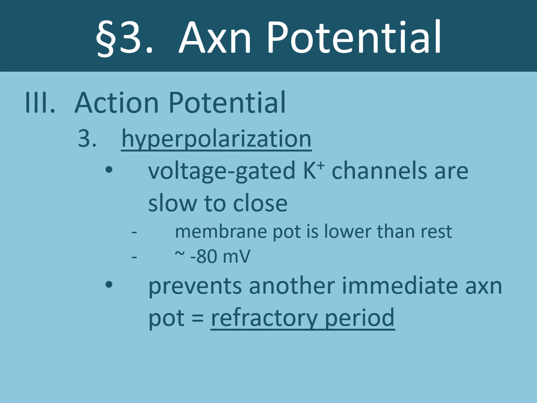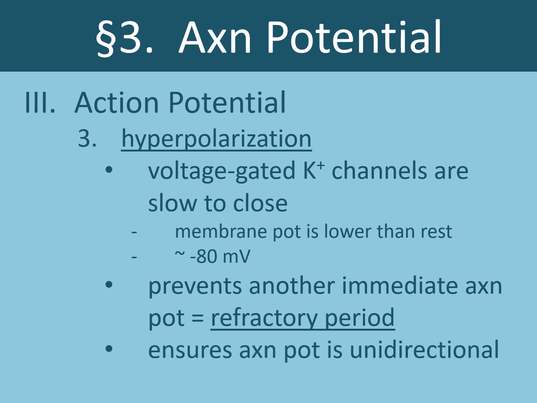This process helps to prevent action potentials from firing too quickly and is known as the refractory period. This process also ensures that action potentials only occur in one direction. In other words, an action potential is unidirectional. We always want the signal to travel from the cell body of a neuron down towards the axon terminals.